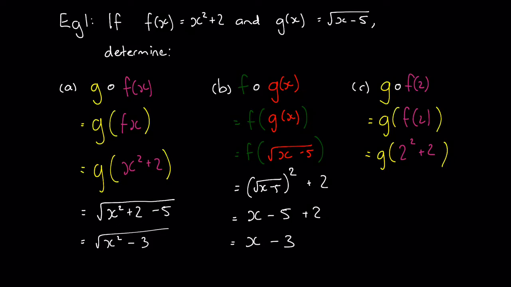Okay, and then we can simplify that before we carry on. So 2 squared is 4, plus 2 is 6. So now it's just g of 6. And so into function g, we substitute 6. So it's going to be the square root of 6 minus 5, which is the square root of 1, which equals 1.